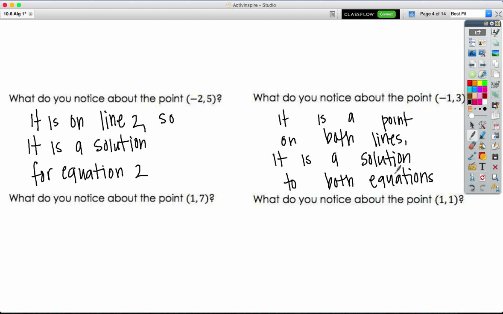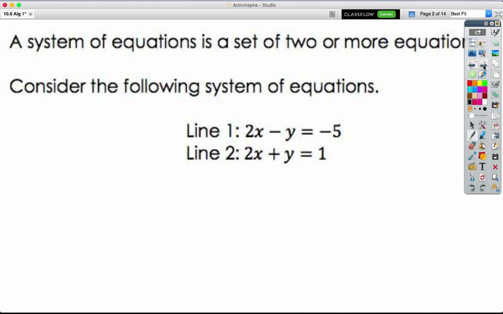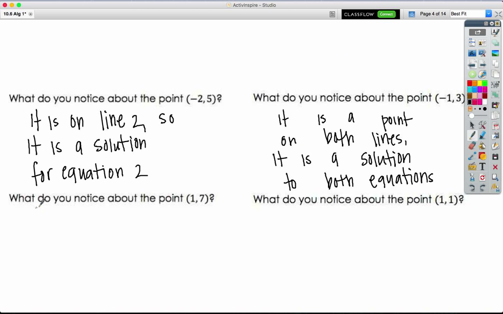So if we check out the point 1, 7, we've got 1, 7. That is a point on line 1. So it is a solution to equation 1.